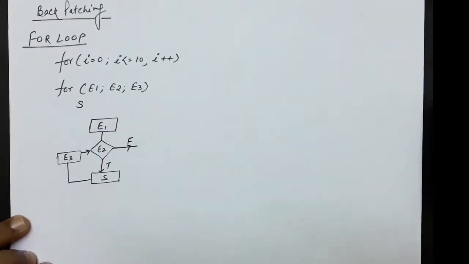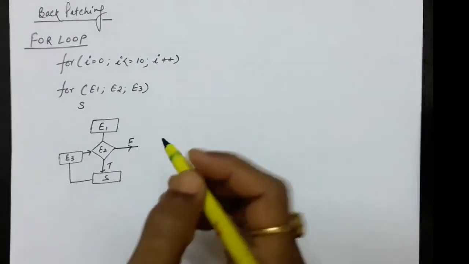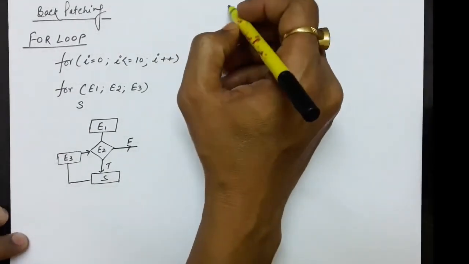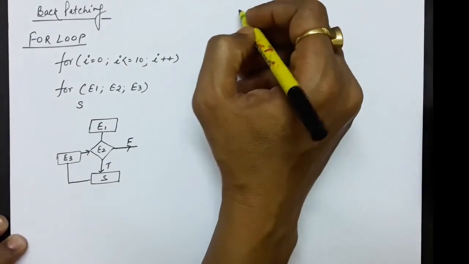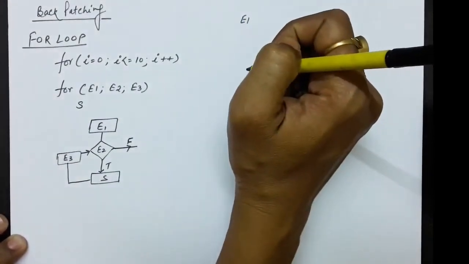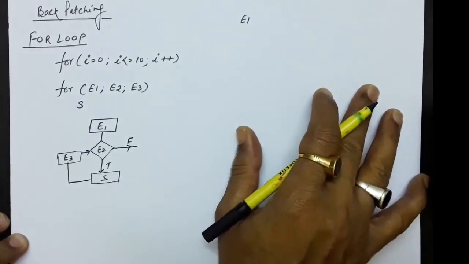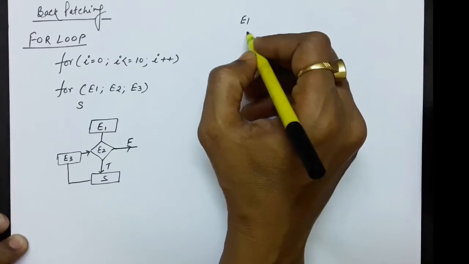Okay, now how these three address code can be written for this. At the very first, we should do the initialization. So E1 is the first part that we need to do. Fine. And after the E1, we need to check the condition.